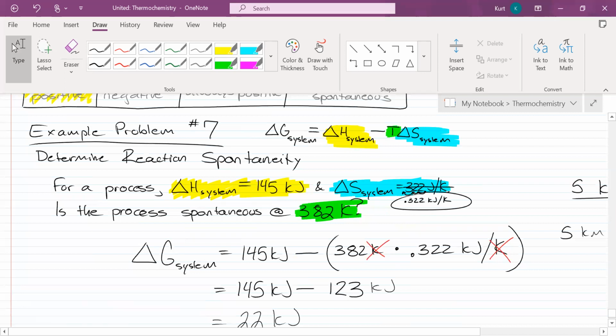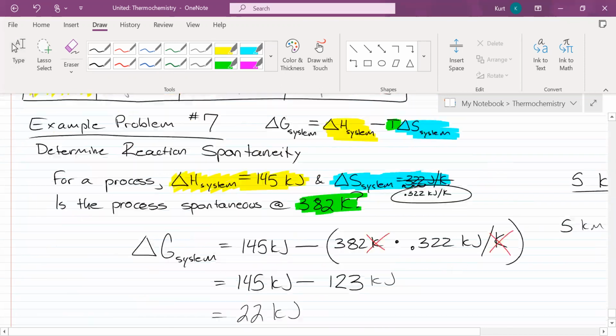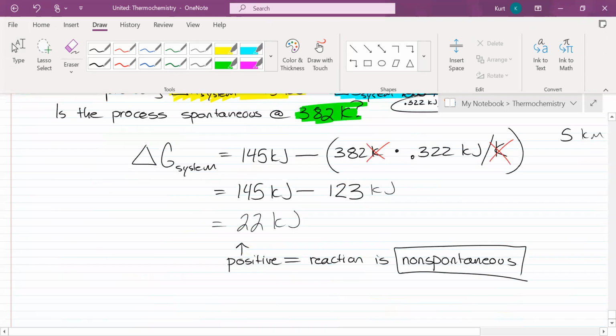Positive. It was positive, so we want to look at this one. And so Gibbs free energy could be positive or negative. It said that this reaction will only be spontaneous at high temps. This must have been at a lower temperature. That's why it's non-spontaneous. Okay, and that concludes our unit on thermochemistry.